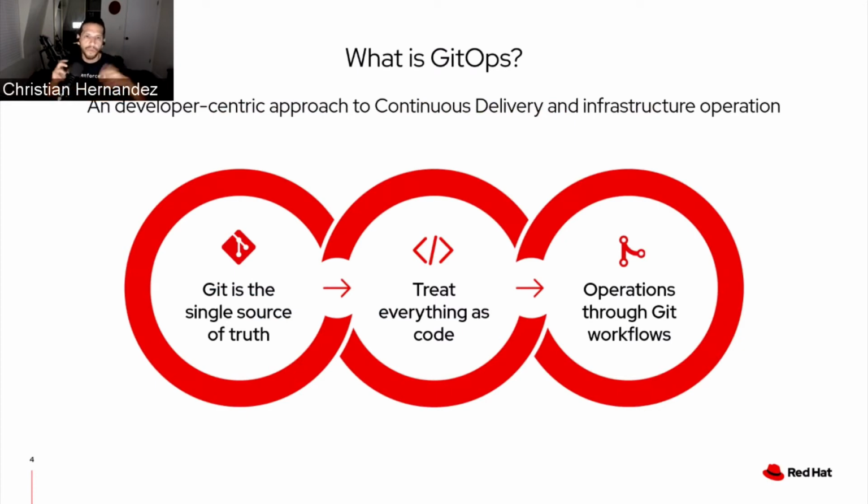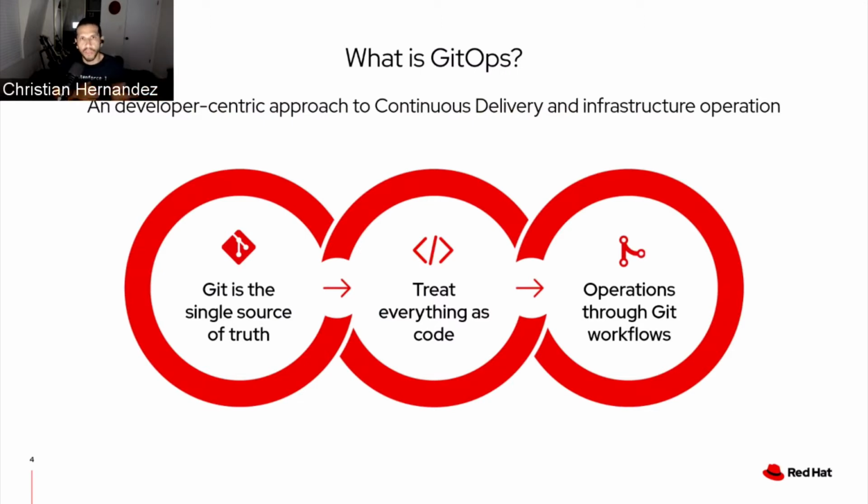But we're taking that whole process and putting it into Git. If you need a change in the infrastructure, that is done by a PR. I do a pull request, it goes through the review process, and as soon as that merge happens, the change takes place on the entire platform.